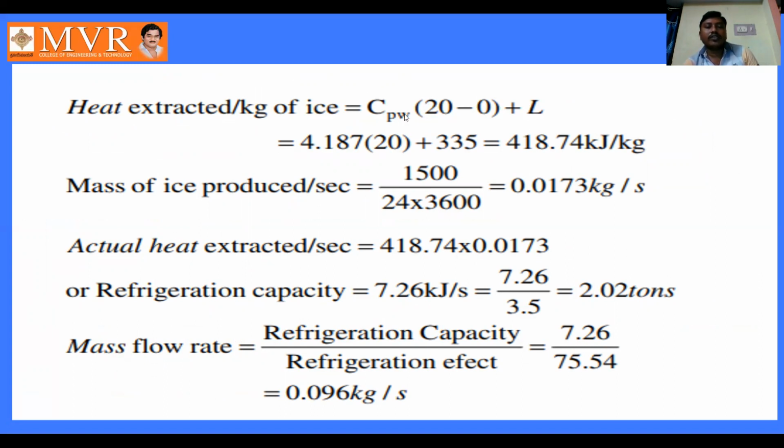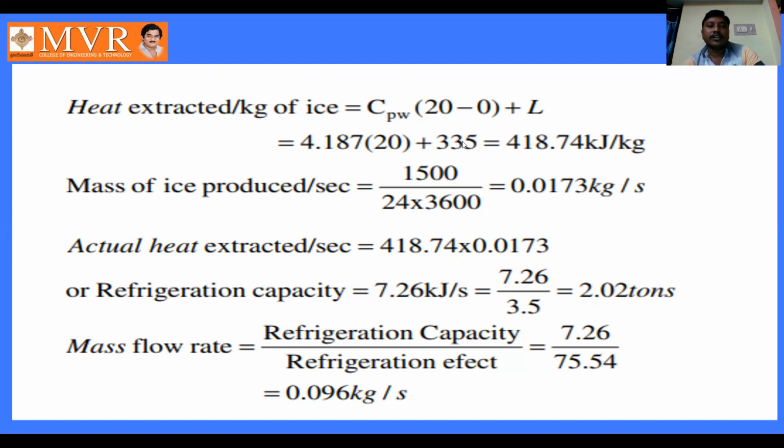See, the constant pressure of water, we know the standard value as 4.187, into 20, plus latent heat. Latent heat means when the water is converting into ice, the latent heat is 335.